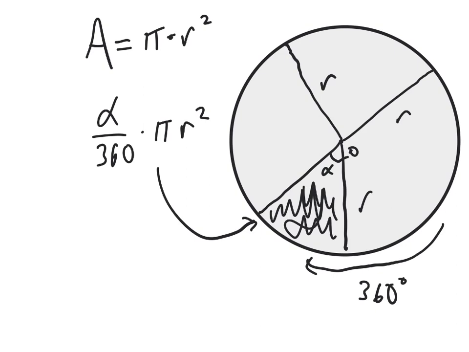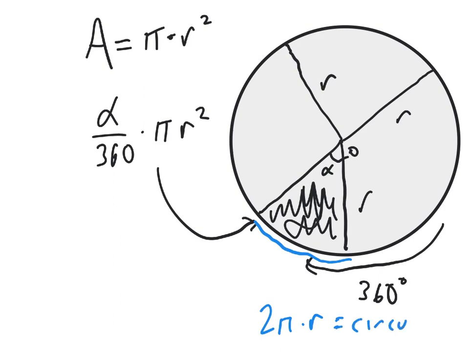So then we can use that knowledge in similar fashion to calculate the arc length. And the arc length is what we call this distance right here of a sector. Using the same method, we know that the circumference of a circle can be written as 2 pi times the radius. Let me just write that.